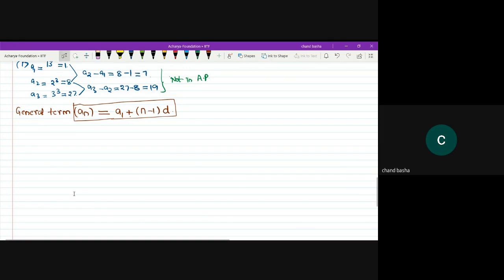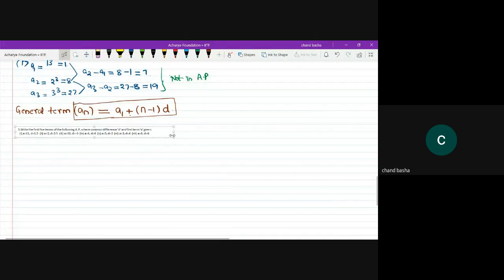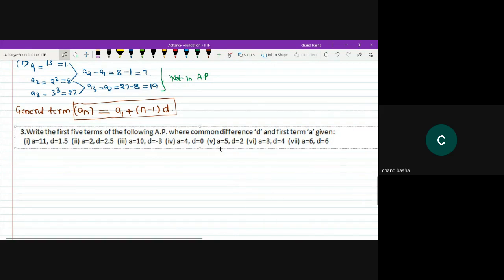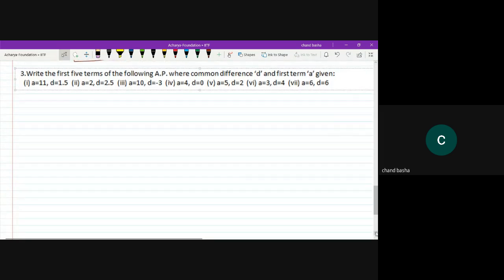He will give the first term and common difference, and you find out the first 5 terms of the following sequence of numbers, but the sequence is not given to you. What he has given, guys, is the first term. I'll go for the first problem and the rest of the problems you can work on. First term A1 is given to you, that is 11. Common difference is also given to you, 1.5.